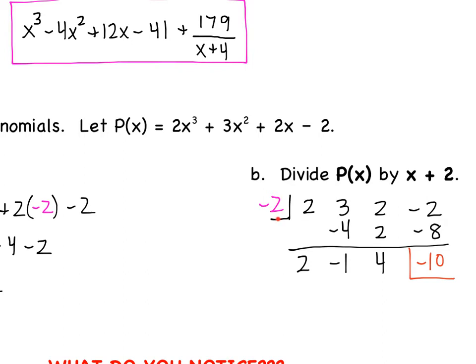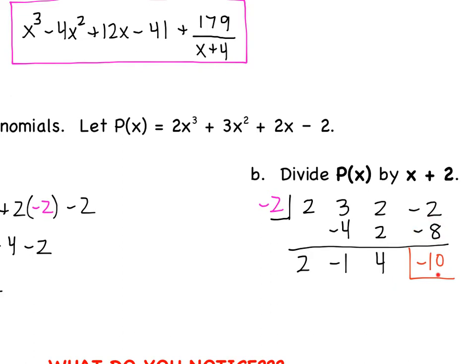That's kind of like what we were substituting over in example A. I take a look at my polynomial, and my highest degree is 3, then I've got a 2, then I've got a 2, then I've got a negative 2, so I don't need any placeholders. So now we go through synthetic division. I drop the 2 down, we do our multiplying, and that's where the negative 4 comes from. Adding 3 plus negative 4 is where we get negative 1, times that negative 2 is where we get the 2 from. Adding, we get 4. Multiplying, we get negative 8. Adding, we get negative 10.